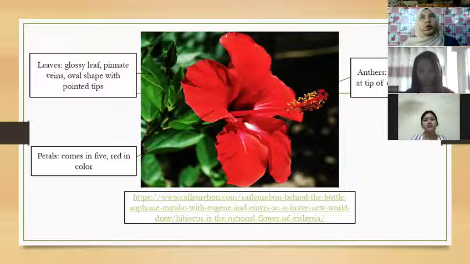But as we know, there are popular hibiscus in white, pink, yellow, and others. We want to focus on the red Hibiscus rosa-sinensis, which is very popular in the tropics and subtropics. And we can see the anthers of the Hibiscus rosa-sinensis, which are yellow, or sometimes orange, at the tip of the column.